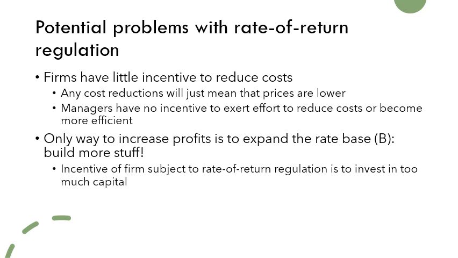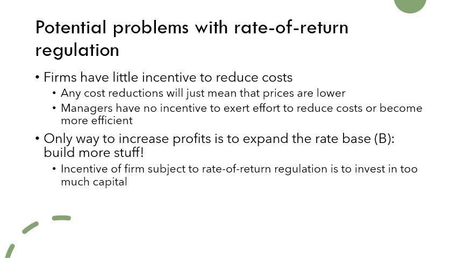The potential problems with rate of return regulation: firms have little incentive to reduce costs. Any cost reductions will just mean that their prices are lower. So lower investments mean that they get lower prices. Managers have no incentive to exert effort to reduce costs or become more efficient. Why?